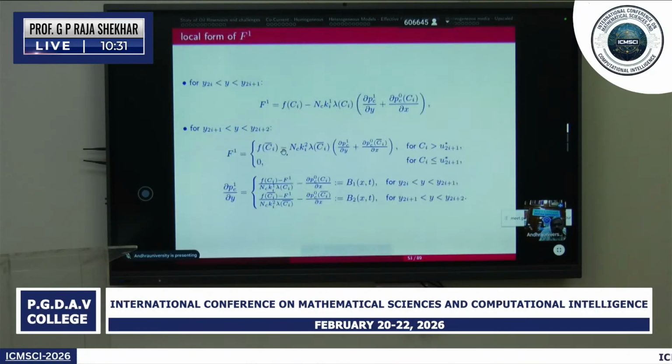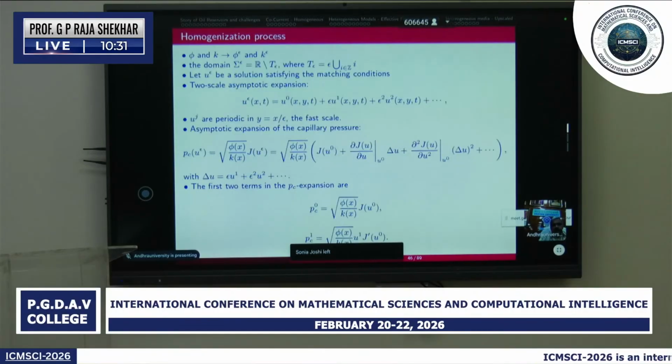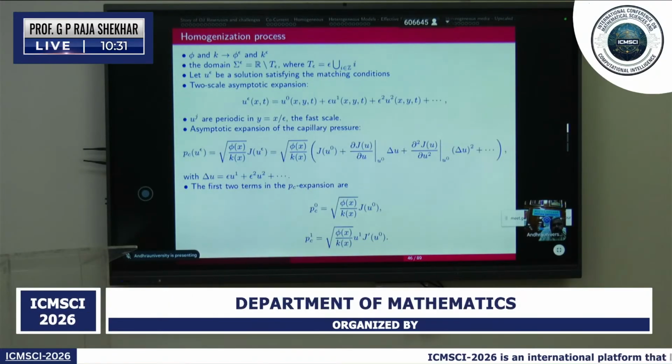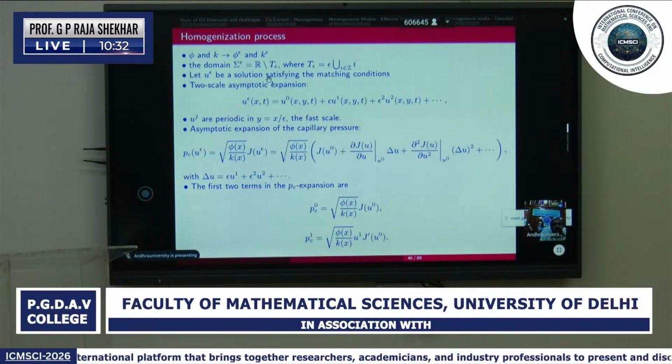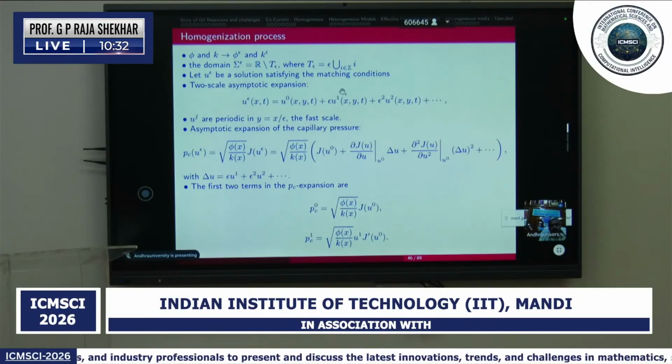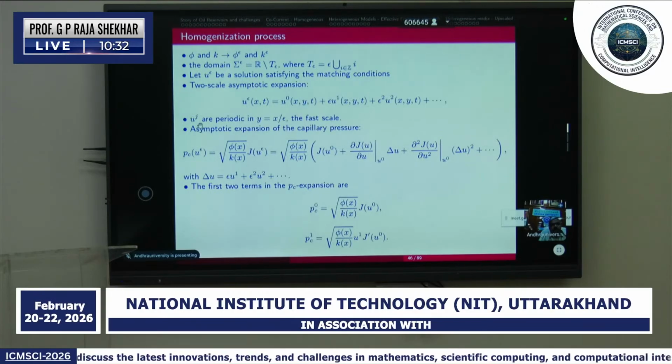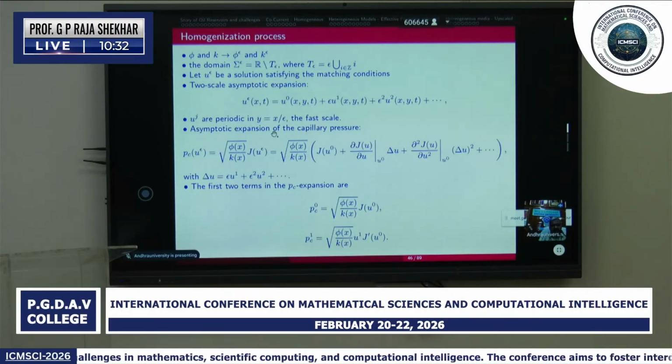This mathematical technique of homogenization is used, where phi and k now vary at each scale, the micro scale. Then let U epsilon be the solution satisfying the matching conditions from one cell to another. Then a two-scale asymptotic expansion of the variable at the cell level. Then the U_j are periodic in this fast scale. Then an asymptotic expansion of the pressure is also done.